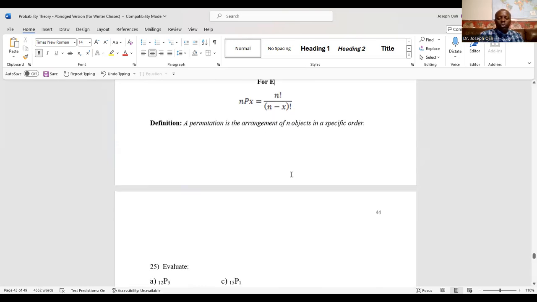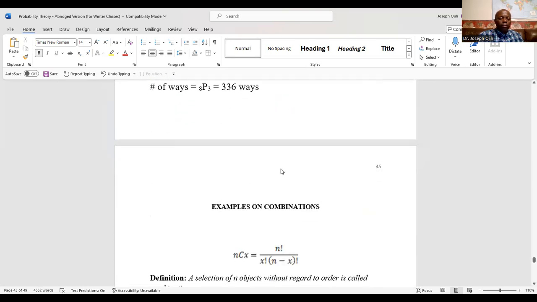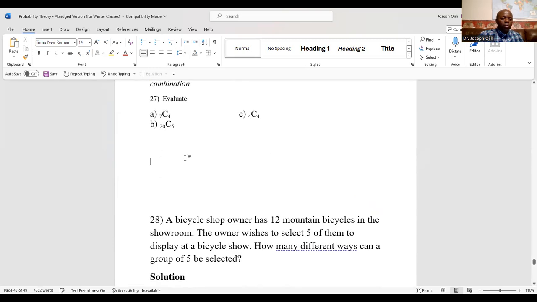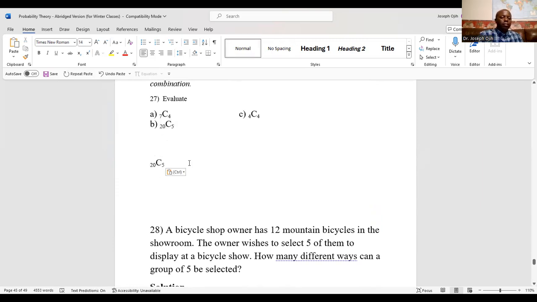So we want to do this one here, combination x.